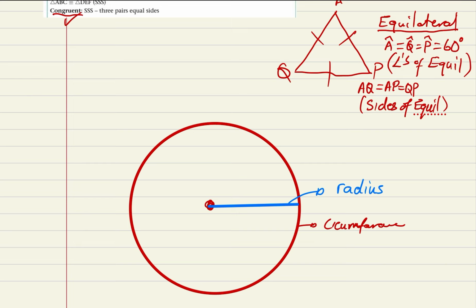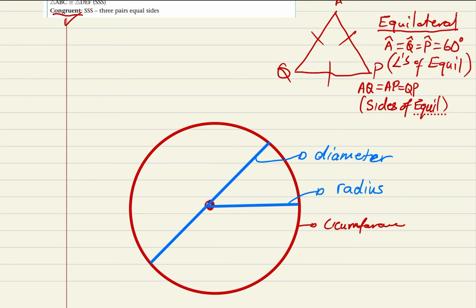The line is drawn from one circumference passing through the center to another circumference, and this line is called a diameter. A radius is a line from the center to the circumference. Remember, if it does not reach the circumference, it's not a radius. Then we have a diameter.